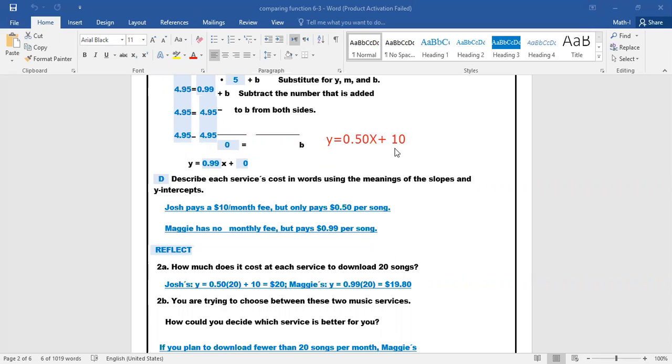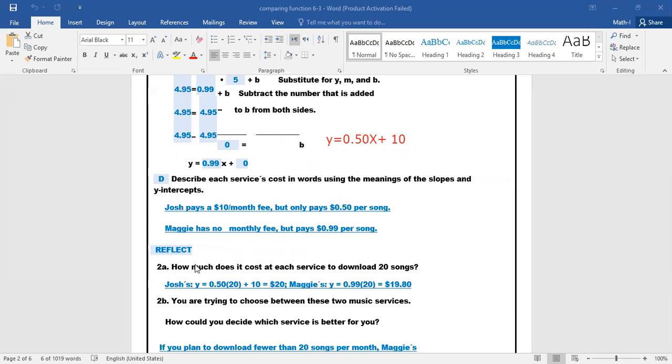At the beginning he has an initial value of 10 as a basic fee, and then per month he's going to pay $0.5. But Maggie has no monthly fee because her equation started from 0, which means she doesn't have any fee, but pays $0.99 per song. Understood this part?